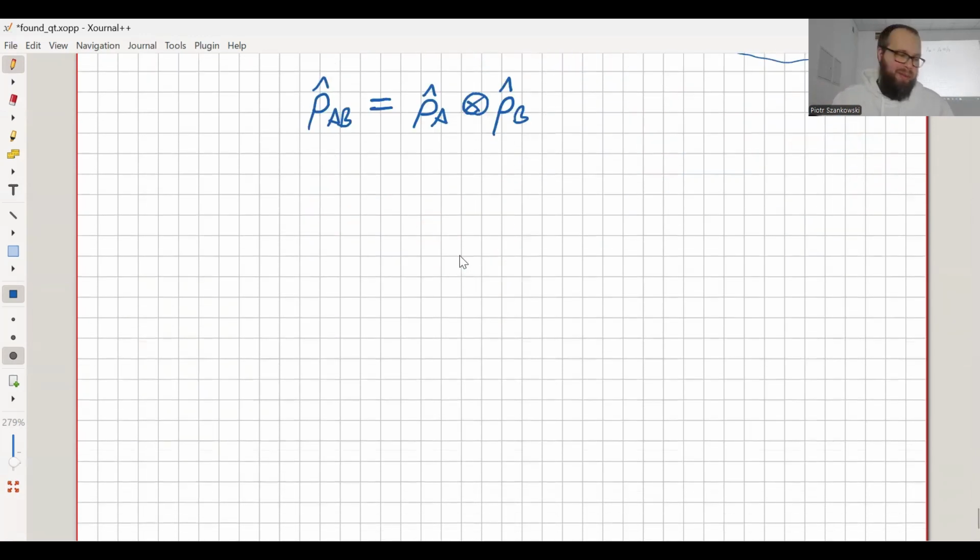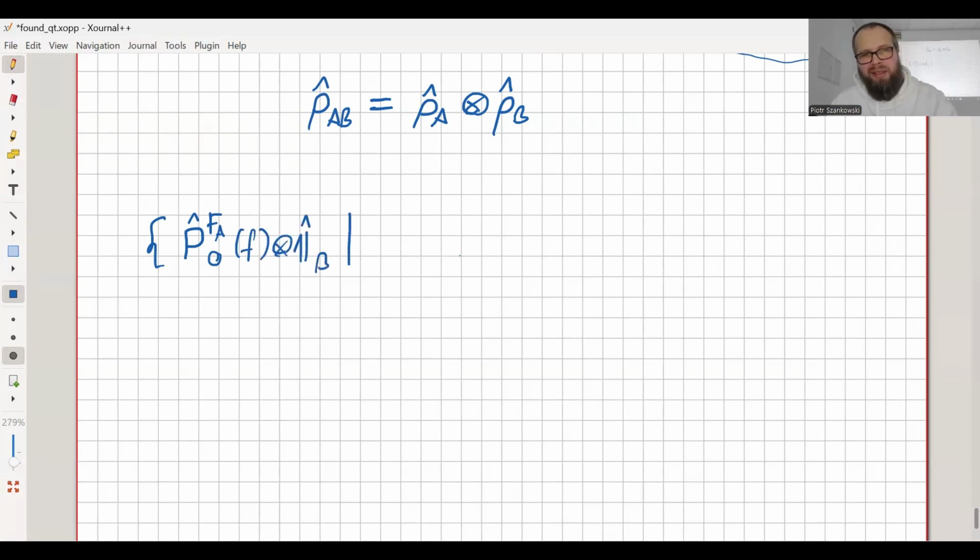And also observables. So observable F A, times 1 in B, with F belonging to omega F A.